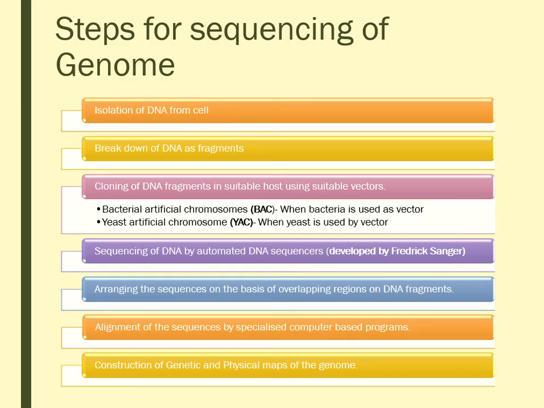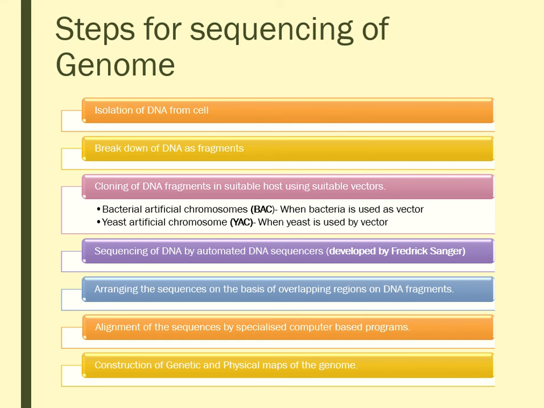Now, these are the steps for sequencing of the genome. First is isolation of DNA from the cell, then breakdown of DNA into fragments, then cloning of DNA fragments in a suitable host using suitable vectors. Here we can use BAC, that is bacterial artificial chromosome, as a vector, and yeast artificial chromosome when yeast is used as a host.